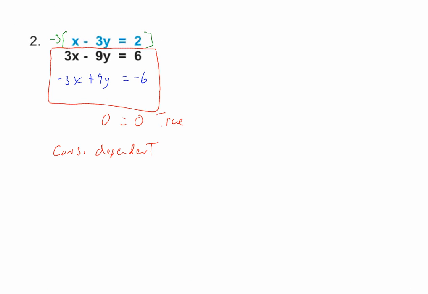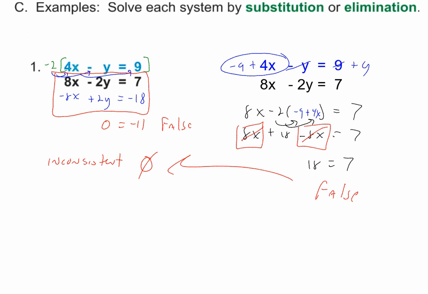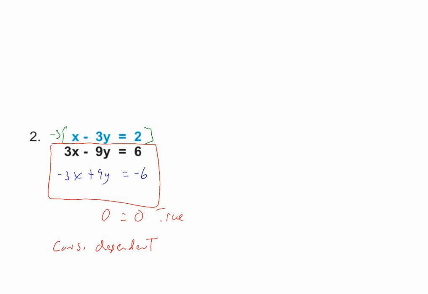Let me ask you this question. If you graph this, what would you get? What would the graph be of just the thing in the purple box? What kind of shape would you get if you graph x minus 3y equals 2?